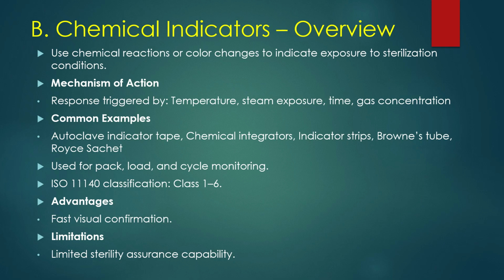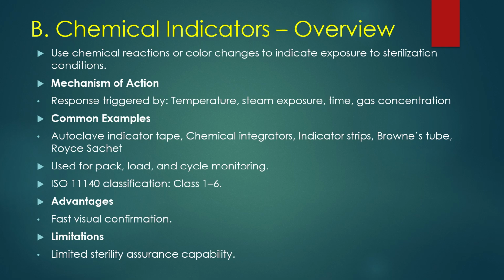Let's see chemical indicators. Chemical indicators use chemical reactions or color changes to indicate exposure to sterilization conditions. Their response is triggered by parameters such as temperature, steam exposure, time, and gas concentration.